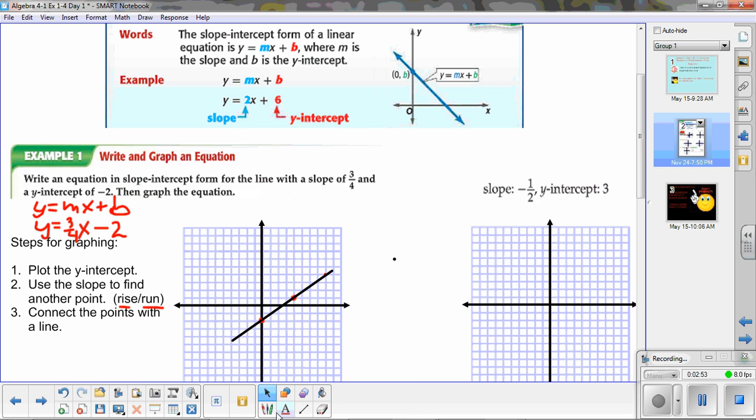There, that's a little better. And make sure to put the arrows on the ends. All right, you may want to pause the video and try the next one on your own.